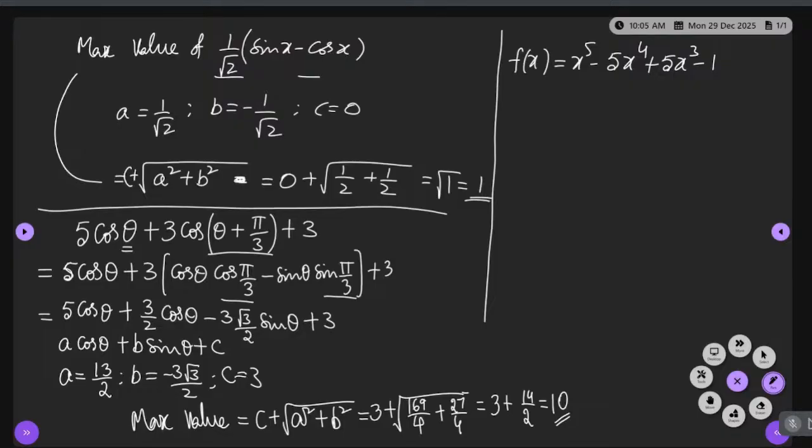Third option: 2 minima and 2 maxima. Fourth option: 1 minima and 1 maxima. Do it. How many minimas, how many maximas are you getting?